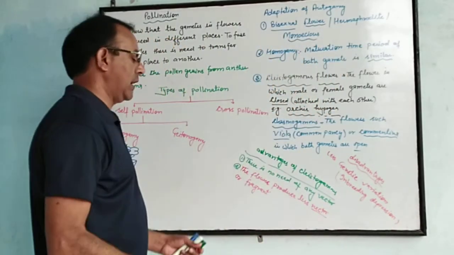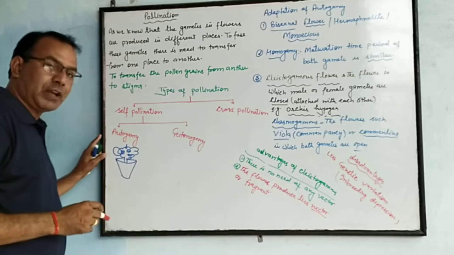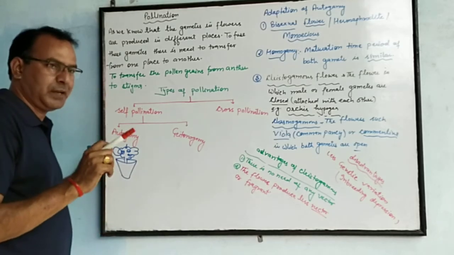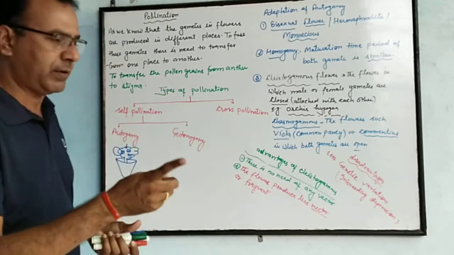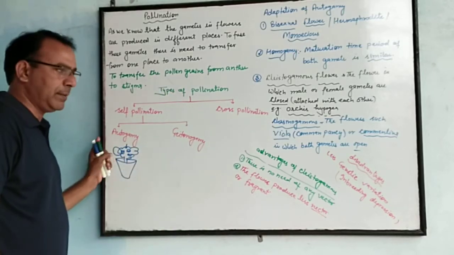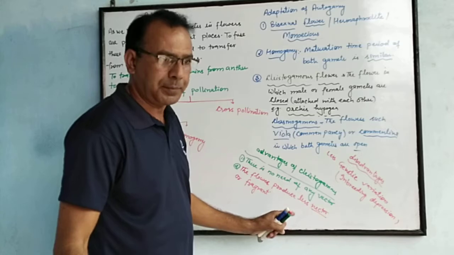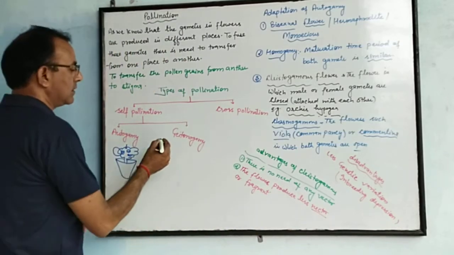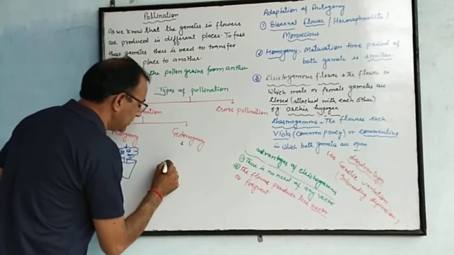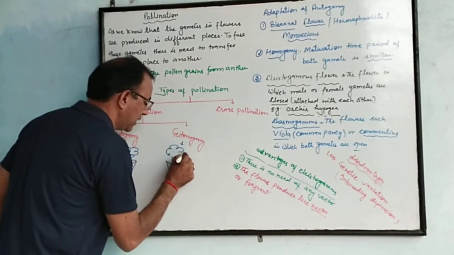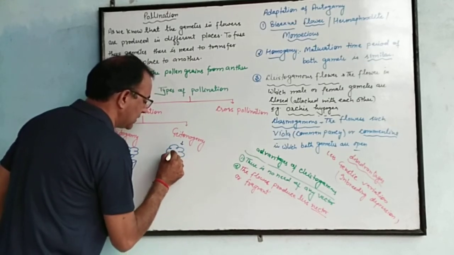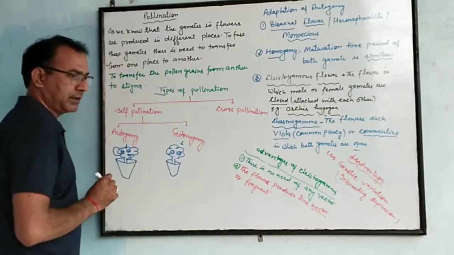These are the characters or adaptations of autogamy. Only autogamy. What is autogamy? Transfer of pollen grain from anther to stigma in the same plant, of the same flower. That is called autogamy, and these are the adaptations. The next one is geitonogamy. Suppose this is the pot in which a plant is contained, and there are many flowers present in this plant.